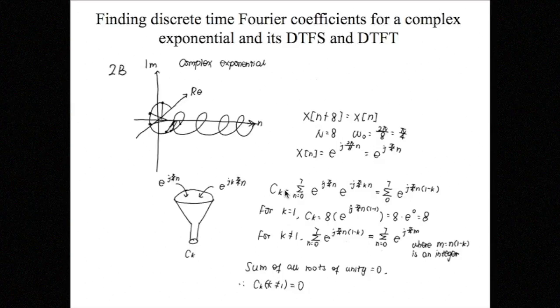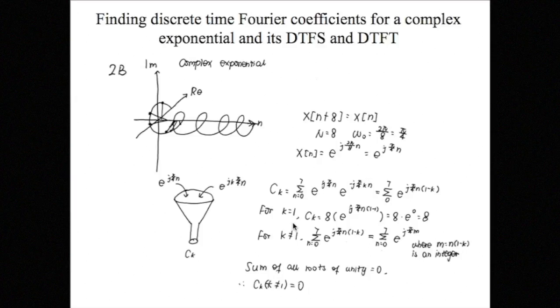The expression for the inner product of x of n and e to the power of jk omega 0 n is therefore ck equals the summation of e to the power of j pi over 4 n times e to the power of negative jk pi over 4 n, equals the summation of e to the power of j pi over 4 times n times (1 minus k), where n is from 0 to 7, and k is from 0 to 7.